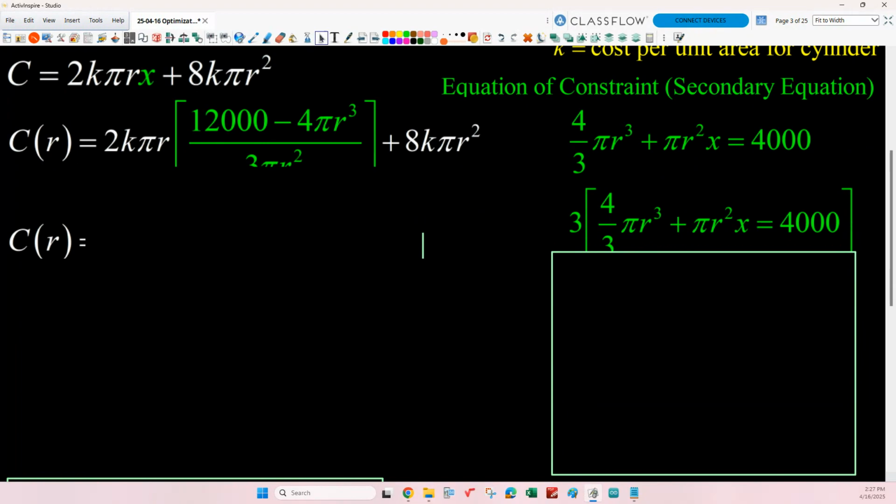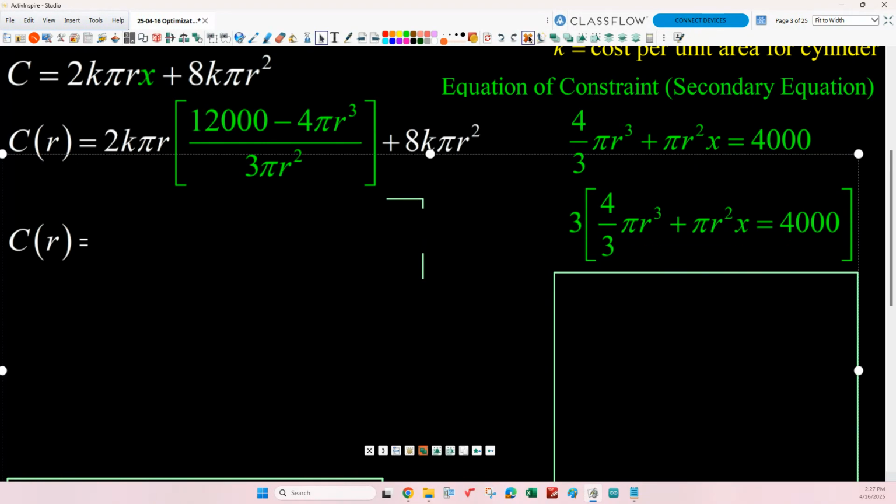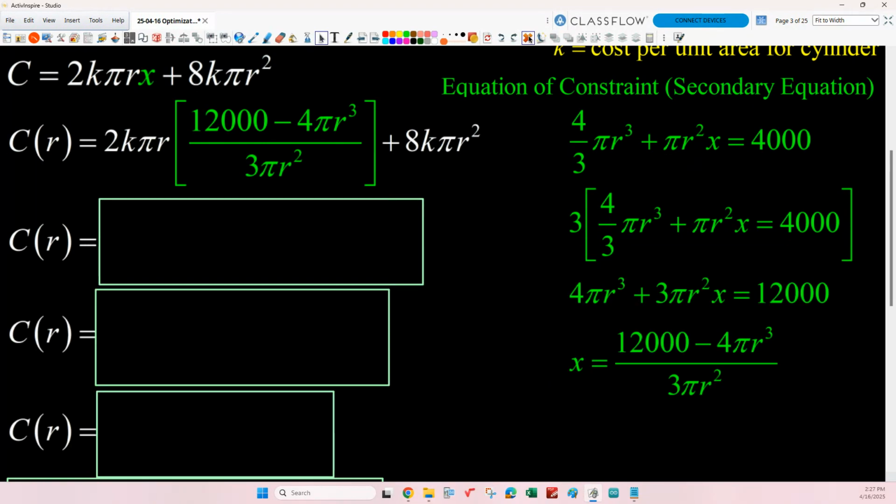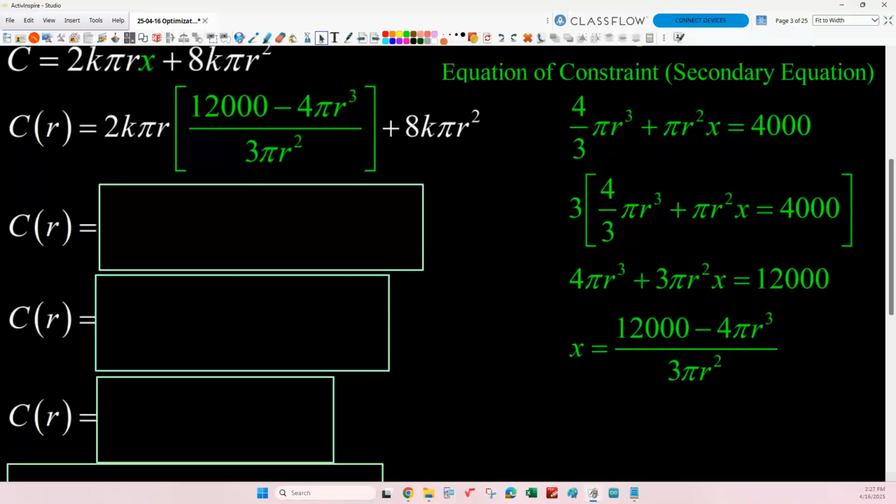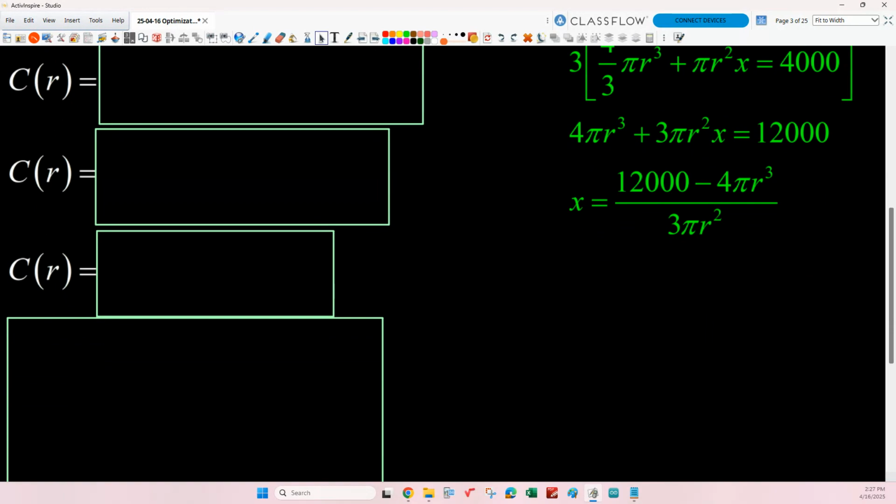And so what do I get if I do that? How about if I clear fractions? So we multiply the 3 all the way through. We subtract that term to the other side, and we divide by 3 pi r squared. And there's x, right?